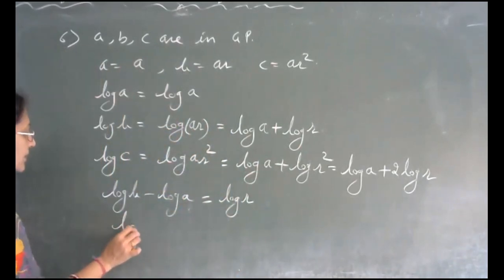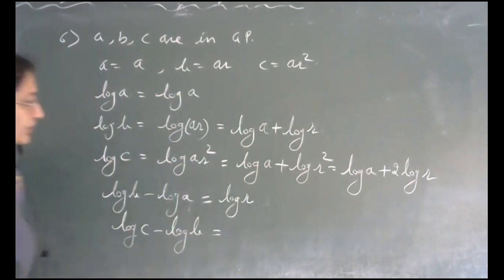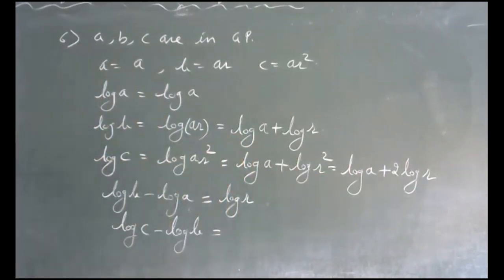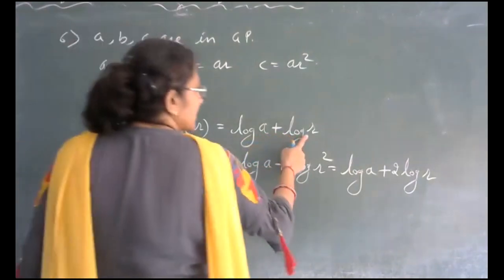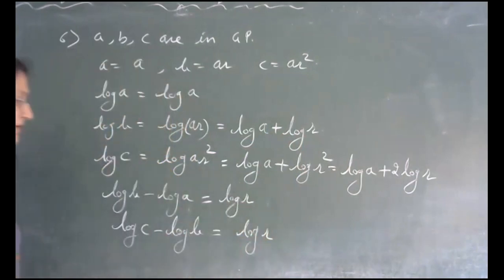Next is log C minus log B. Now when we subtract these two, log A cancels with log A. Next, 1 log R is subtracted from 2 log R. You are left with log R. Now the common differences in these two are the same.